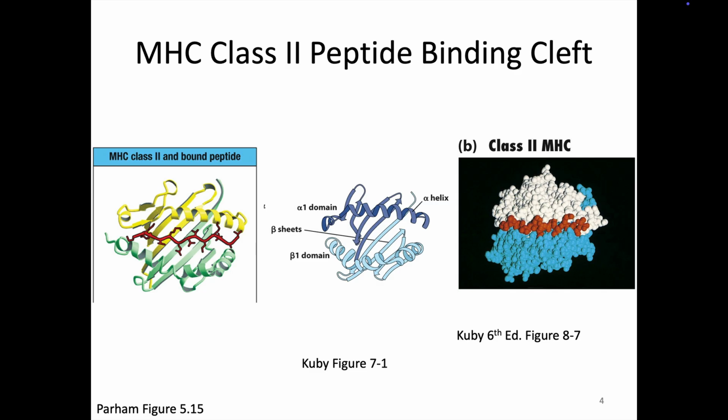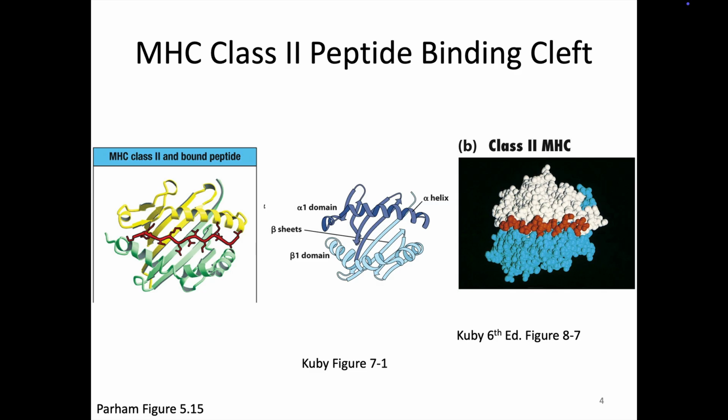A lot of times, if it is hanging off the ends, proteases will trim the extra amino acids. But you could imagine it getting put in hanging off the ends because we have these open ends to our peptide binding cleft. These 2 alpha helices that are coming together to make up that peptide binding cleft don't have the closed tight ends.